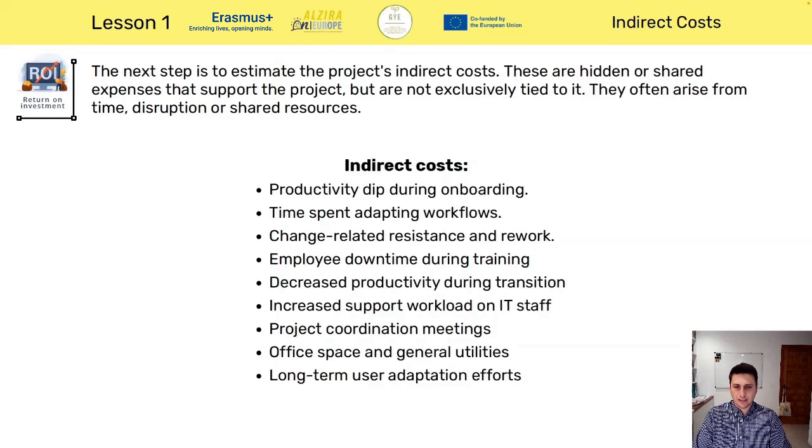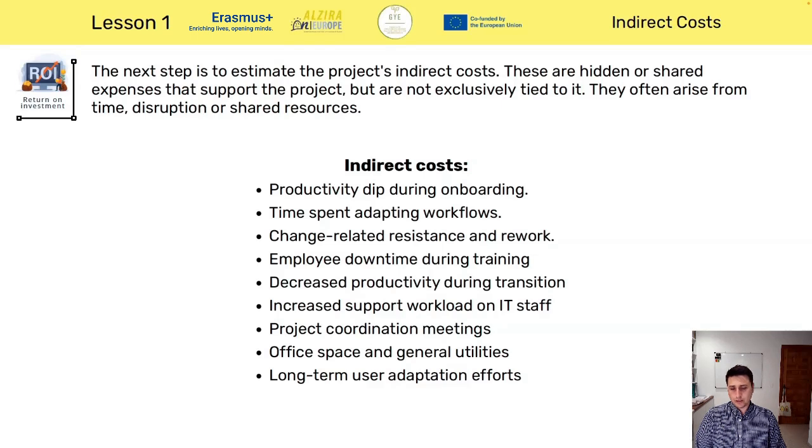Some of them are productivity during onboarding, the time that we are spending adapting processes or workflows, the change resistance and rewards that are directly related to that process, the time lost during training sessions, and also decreased productivity due to the learning curve of migrating or transitioning from one software to the new solution.